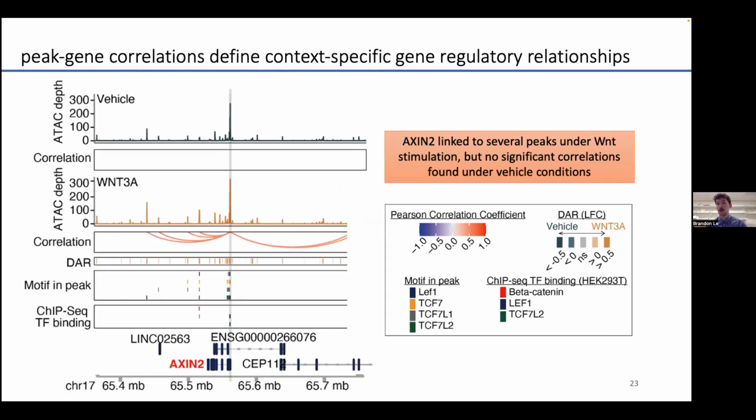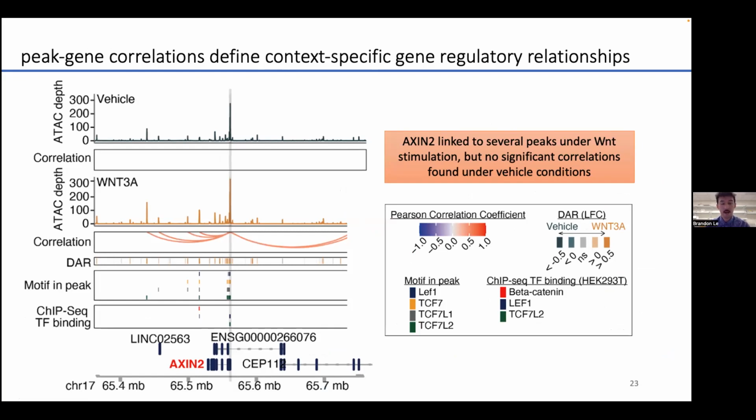So we can also take a combined look at the chromatin accessibility peaks and the genes nearby to see if we can find gene regulatory relationships, where perhaps a regulatory region could accumulate transcription factors and interact with a promoter of a nearby gene to drive its expression.